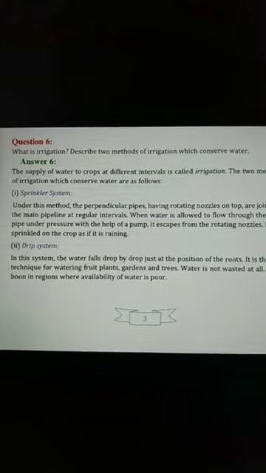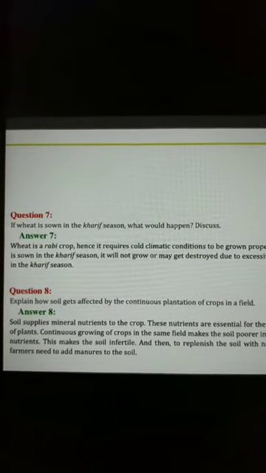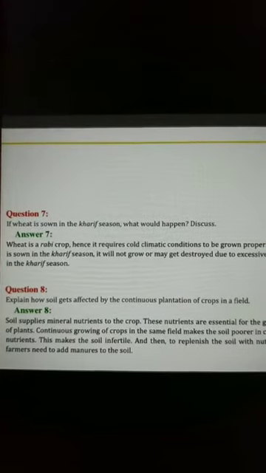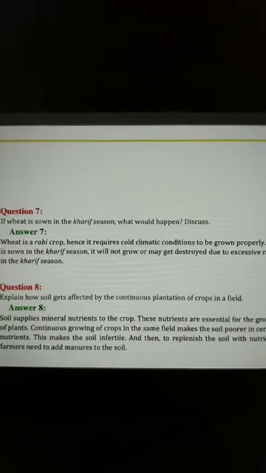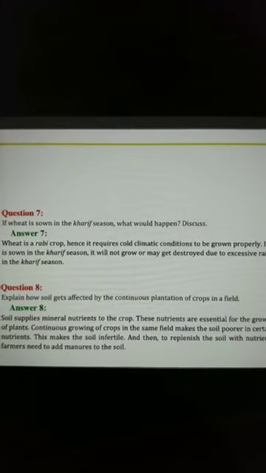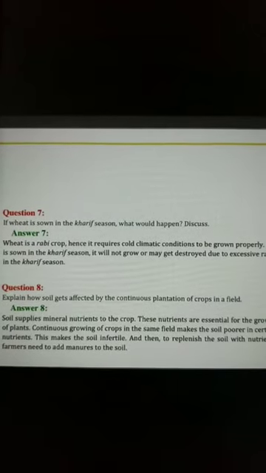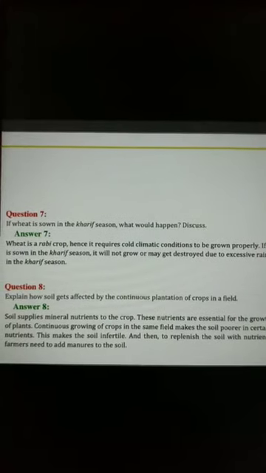Now next question, question number 7. If wheat is sown in the Kharif season, what would happen? Discuss. It means if wheat is grown in the Kharif season, in the rainy season, then what will happen? Wheat is a Rabi crop, hence it requires cold climate conditions to grow properly.